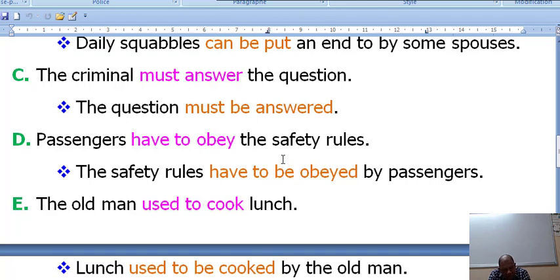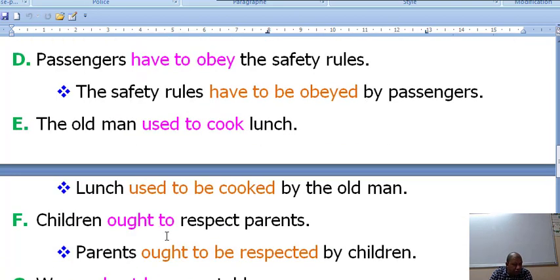Sometimes you find me put by, and sometimes when it becomes clear, by the man, by John, by plus noun, which is identified to a certain extent, I use it. But when we have pronouns, I forget about them. Children ought to. Ought to means should.